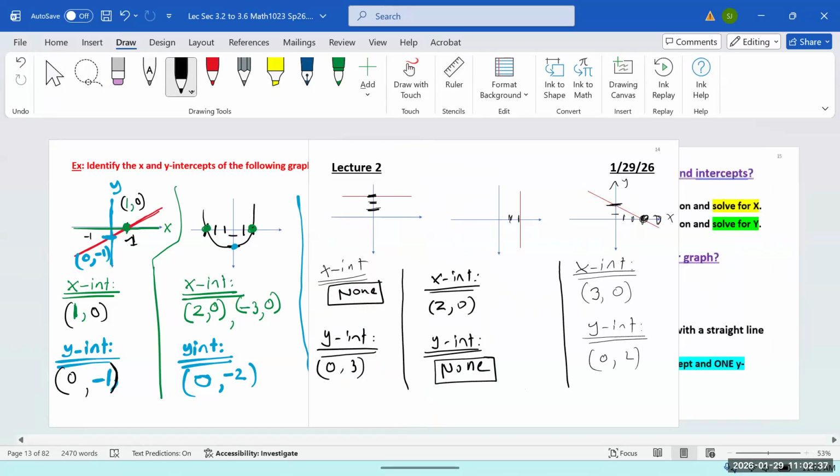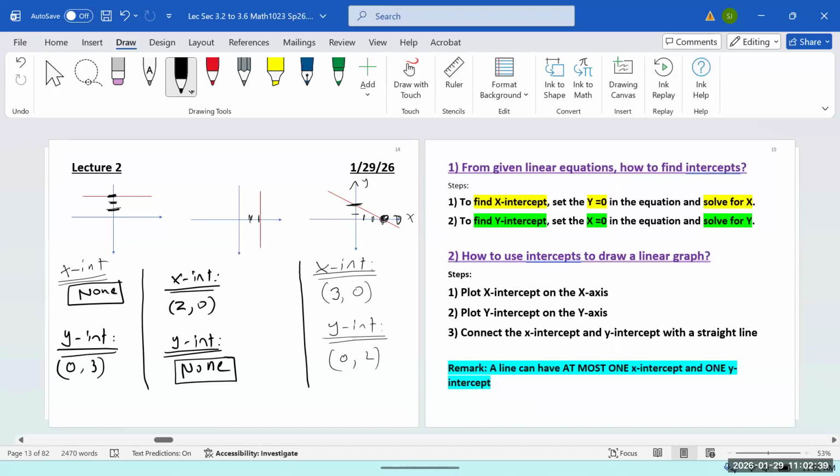So we are done with x and y intercepts from a graph. And now we are going to find the x and y intercept from an equation. If the graph is not given, how do you find all these things? Well, easy. We are going to do examples. To find the x-intercept, remember, for the x-intercept our y is 0. So if you see any y, set that y equal to 0 and solve for x.